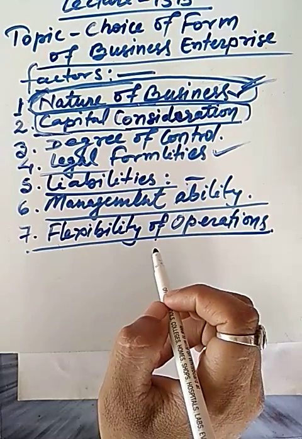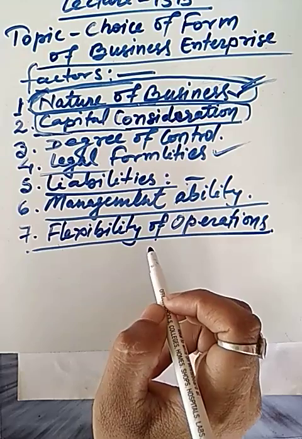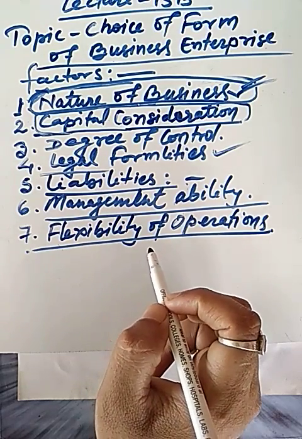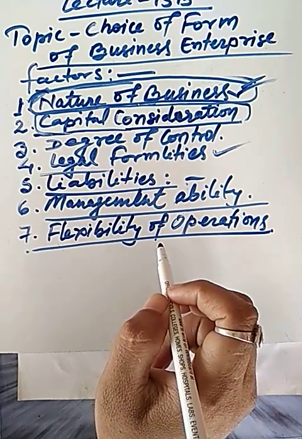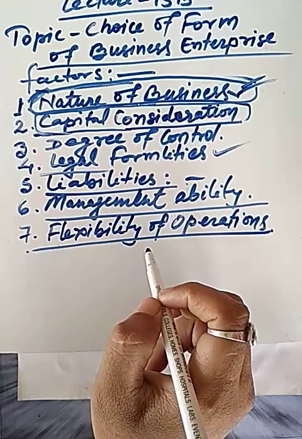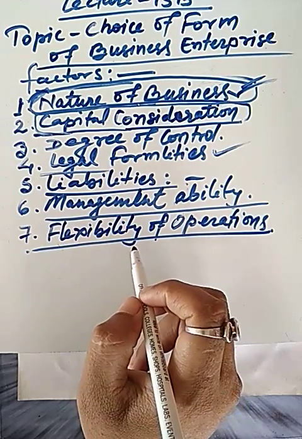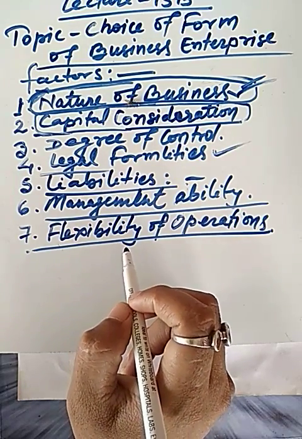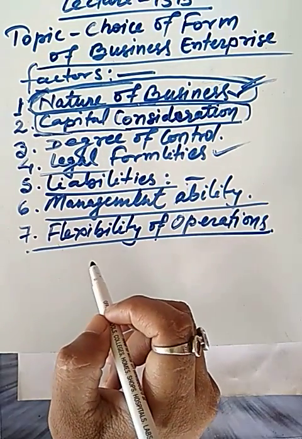The business which requires high degree of flexibility should prefer sole proprietorship or partnership form, whereas making changes and taking decisions takes a long time in company form of business.